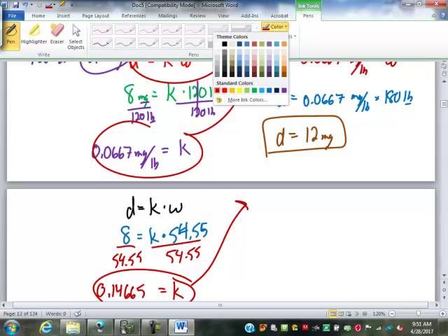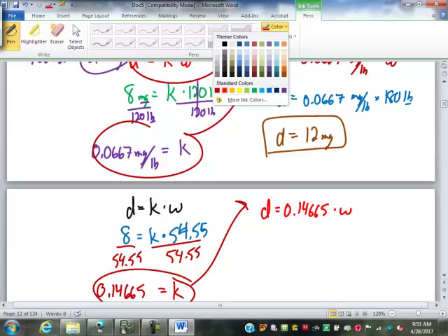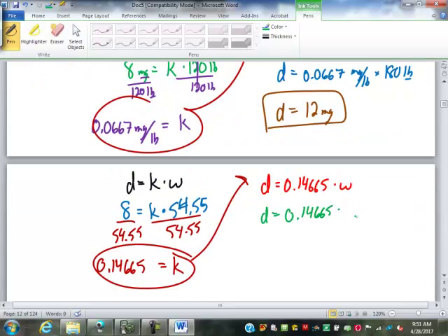So this relationship, the dosage is going to be 0.14665 times the weight. So we put in the 180, which we converted to what? 81.82.